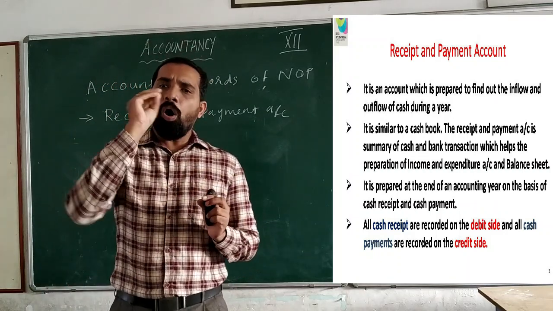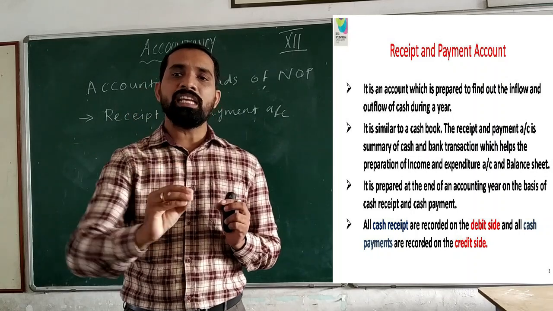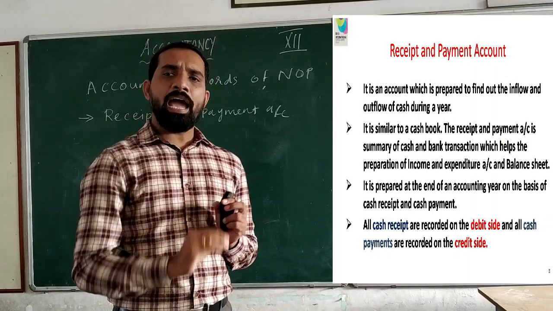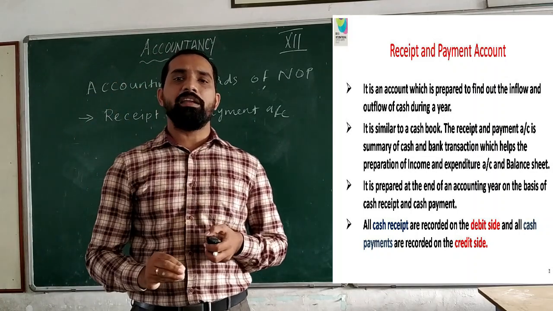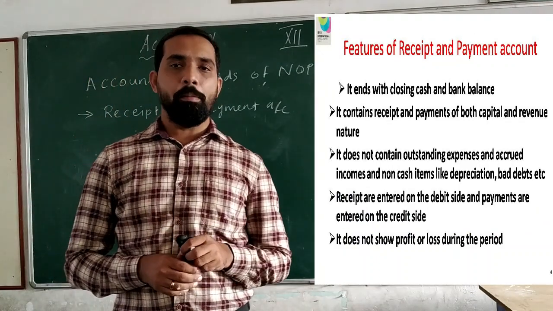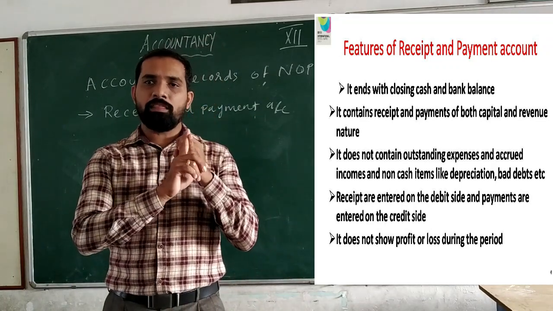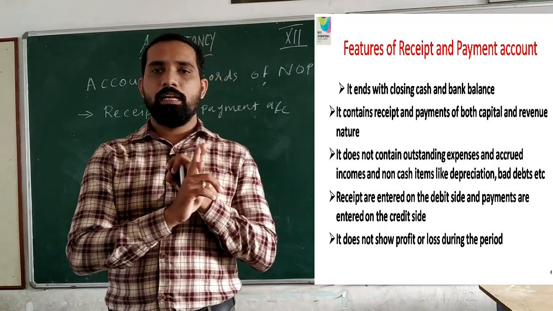In that, all cash receipts are recorded on the debit side and all cash payments are recorded on the credit side. Next, features of receipts and payments account. First point, it starts with opening cash and bank balance.